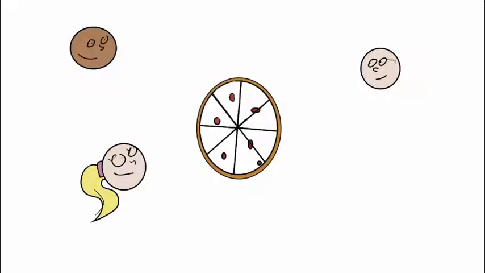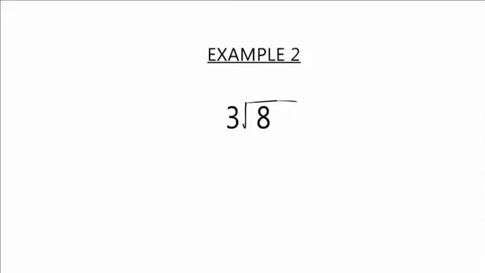So let's think about another problem that might not work out so well. Let's say I have an 8-slice pizza, and I'm trying to divide it amongst 3 friends. So for example 2, we will also do long division and think about 8 divided by 3. Well, does 3 go into 8? 3 goes into 8 a total of 2 times.